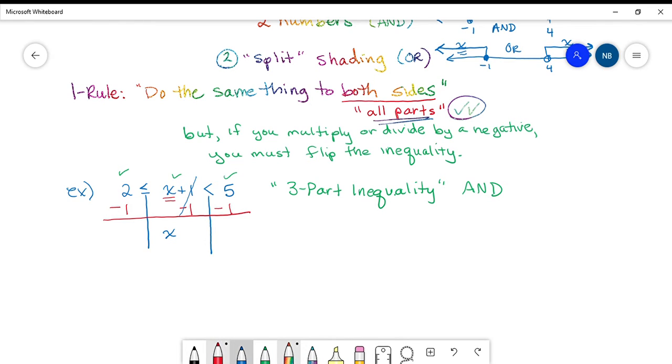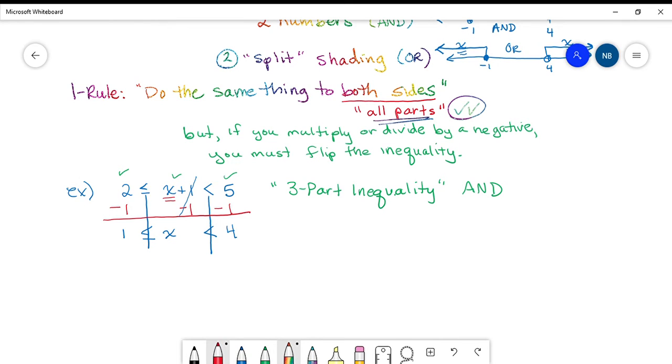All right, 2 minus 1 is 1. The less than or equal to is still there. X is now by itself. The 1 in the middle is gone. The less than is still there, and 5 minus 1 is 4. This is a three-part inequality. X is trapped between the numbers 1 and 4.